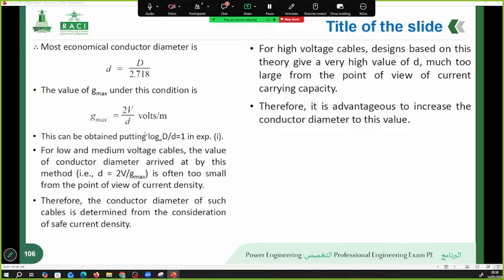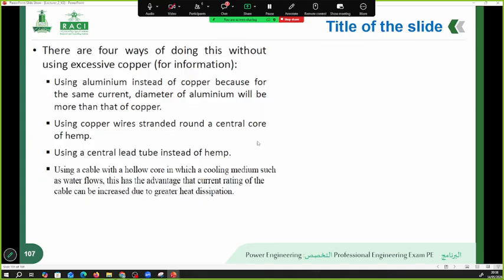For low and medium voltage cables, the conductor diameter calculated using the economical formula, d equals 2V over G max, is often too small.